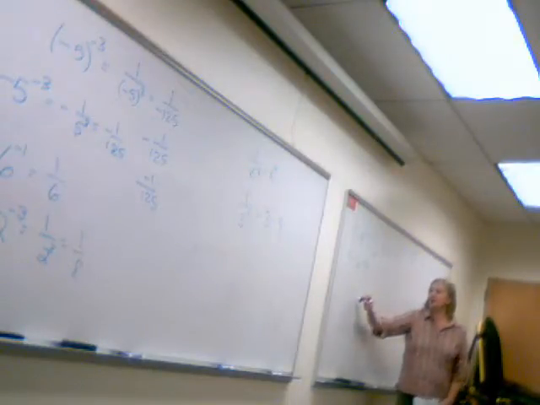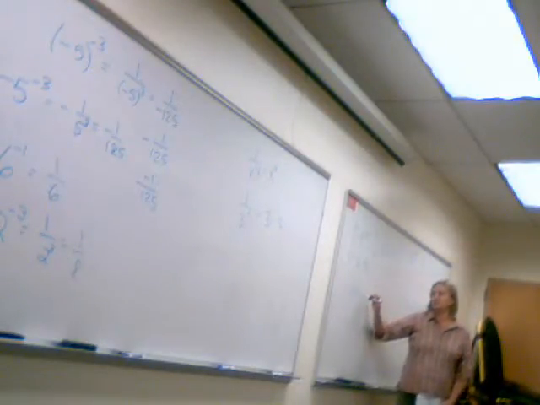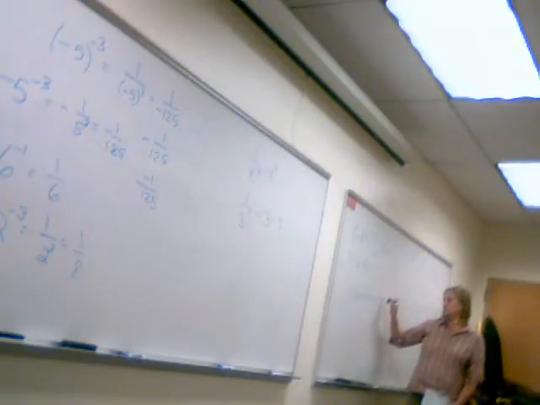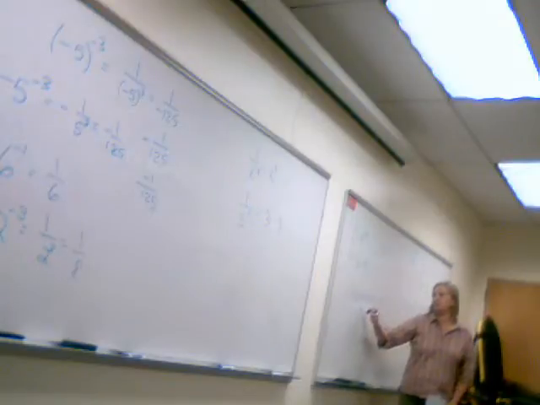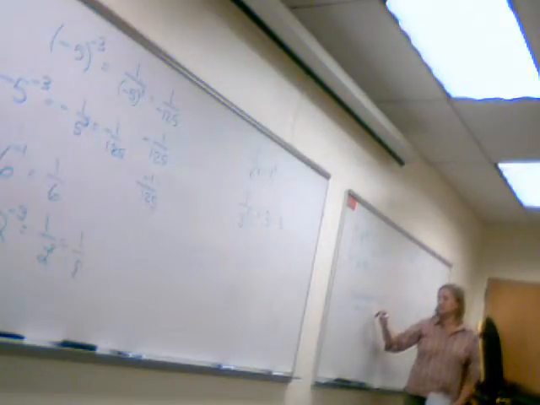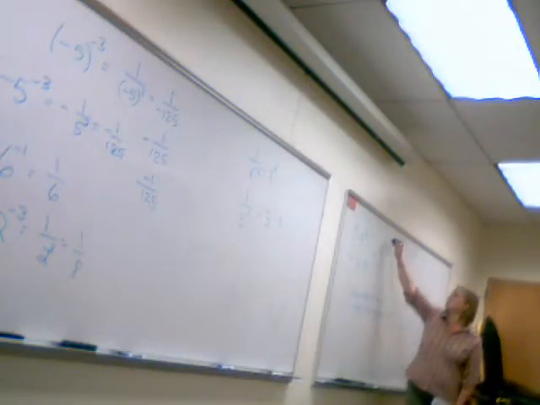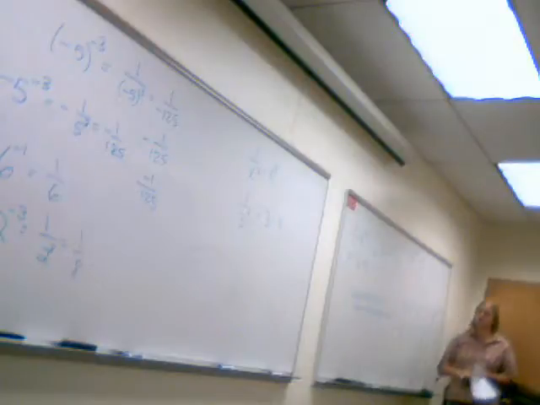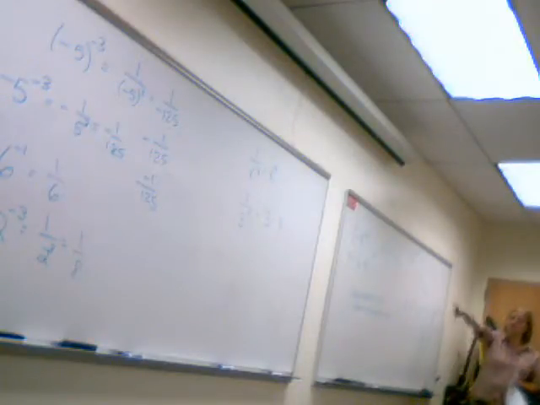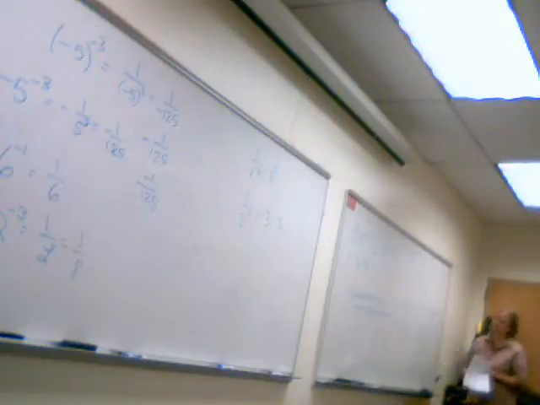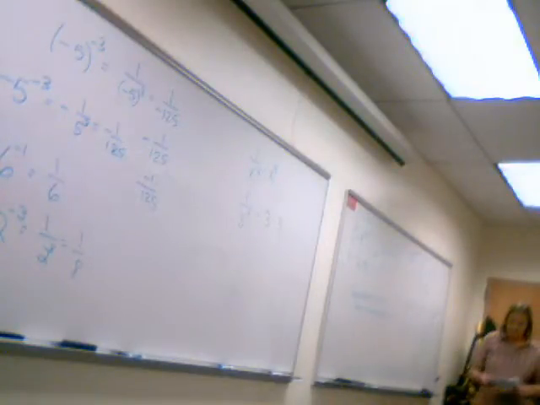So add exponents only when multiplying the bases. So this one is wrong. You cannot add those exponents. This would be the right way. That's actually what you come to. Good. I'm glad I did that one.